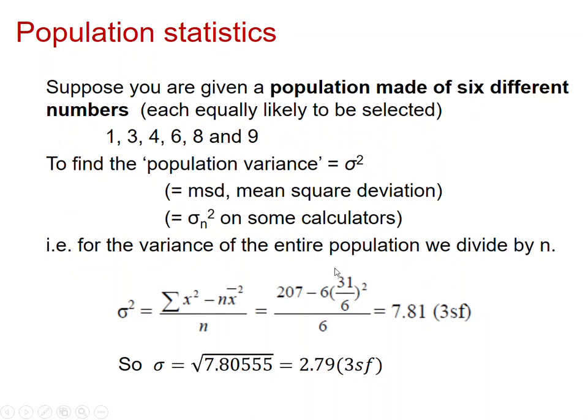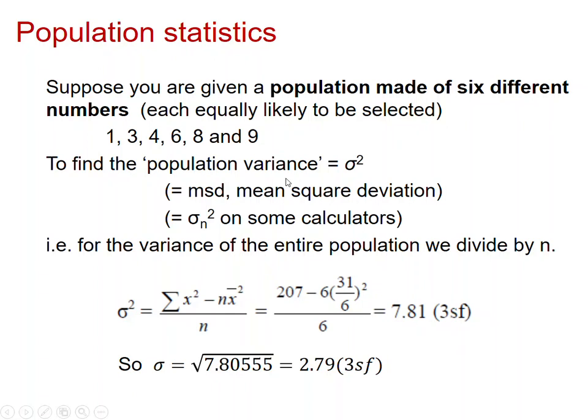So we can use that formula from before, SXX over n, to give us 7.81 to 3 significant figures, and then square root that to give us the standard deviation. You can get this number straight out of your calculator, and it's worth spending some time with your calculator, as all of them are different, in order to be able to find this from your calculator.